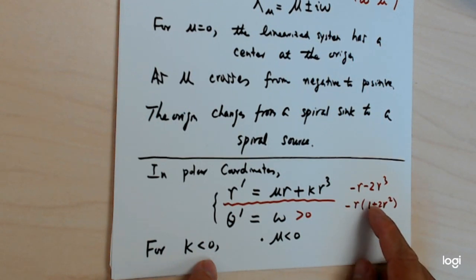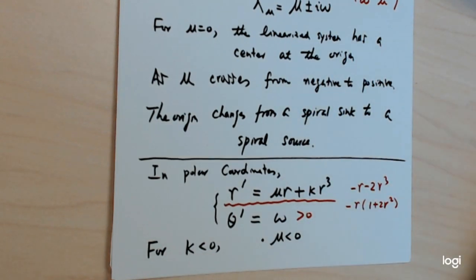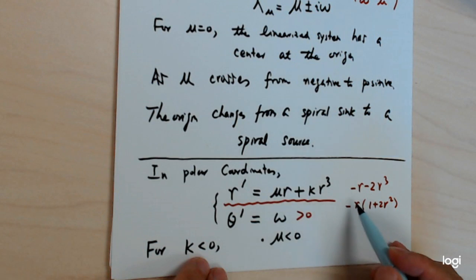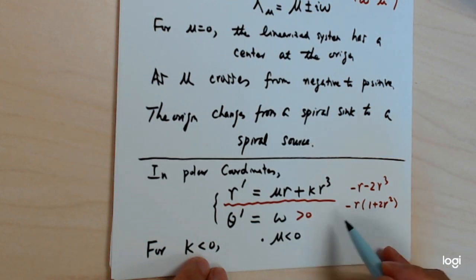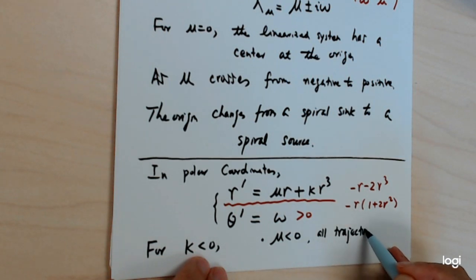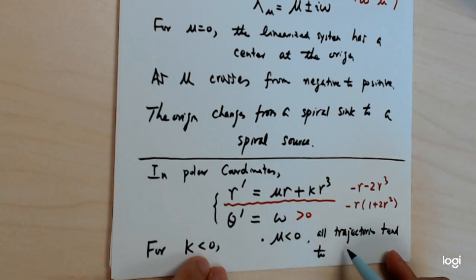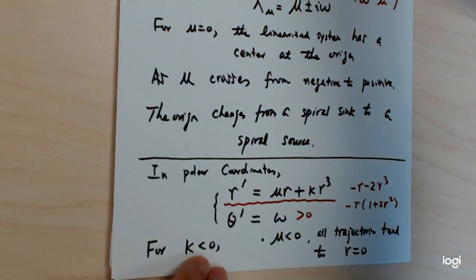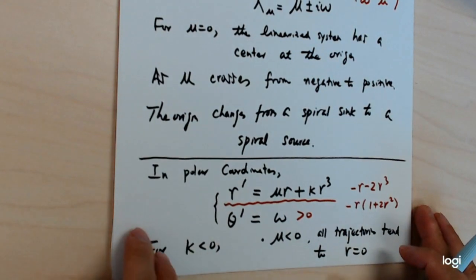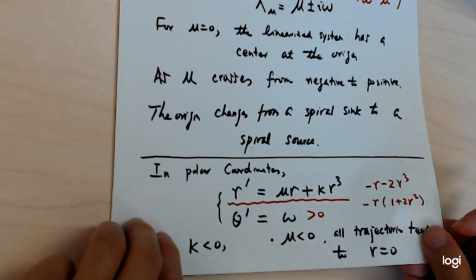There won't be any other r making this equal to 0. Moreover, r prime has a negative sign, so all trajectories tend to r equal to 0. In other words, r equal to 0 is stable. Keep in mind, now the problem becomes a one-dimensional problem.